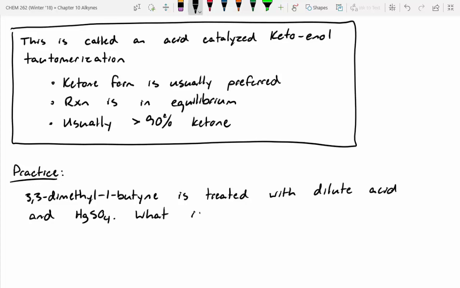What is the product? And then show the tautomerization.